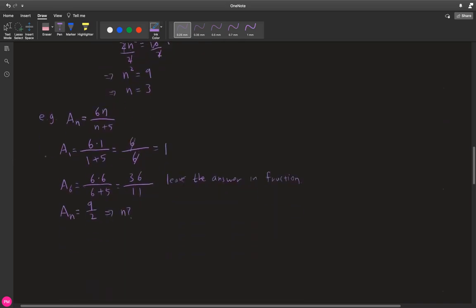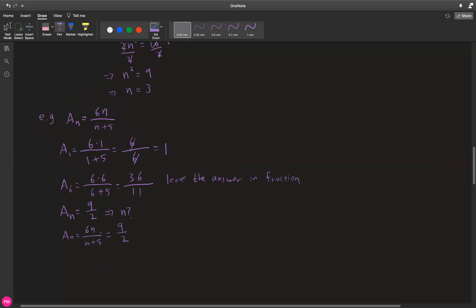So what did we do there? We brought the given explicit formula down here, and we simply let a sub n equal 6n over n plus 5, which is what we were given. And we know that a sub n as a whole is given as 9 over 2.